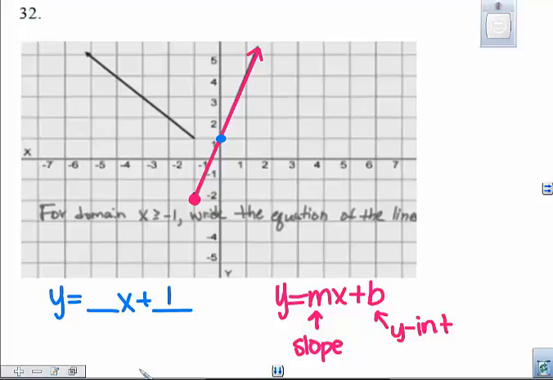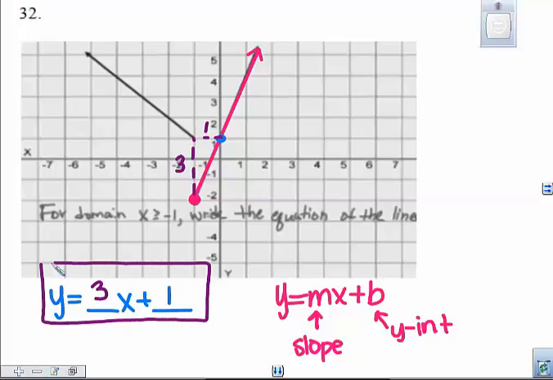Then we can find our slope from our starting point to that. We'll check our rise over run. We went up 3 over 1. So 3 divided by 1 is 3. So that's the equation of the line that they're asking for.